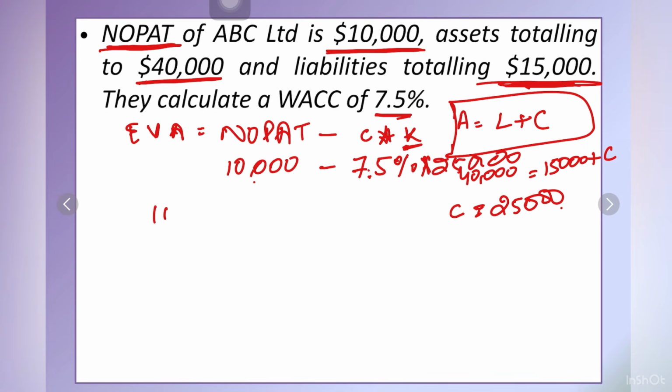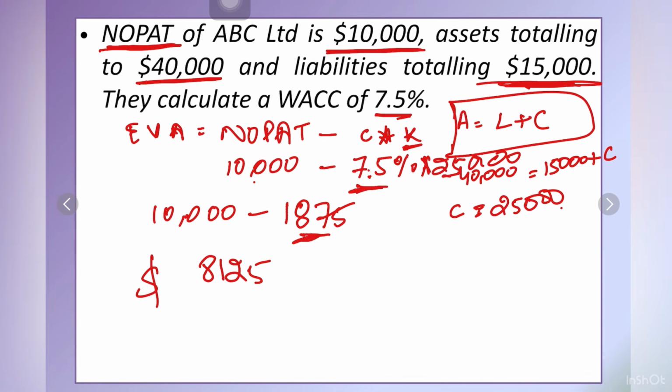Now we have net operating profit, that is 10,000, minus cost of capital 7.5% into capital, that is 25,000. This comes out to be 1,875. And if I deduct this amount from the net operating profit after tax, this comes out to be $8,125. So this is positive, right?